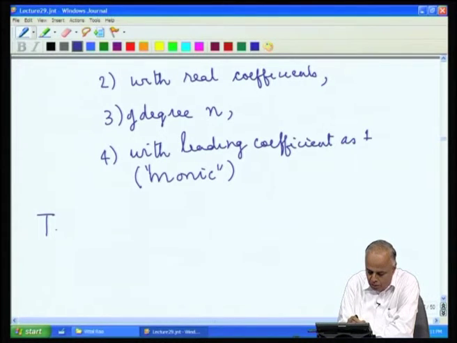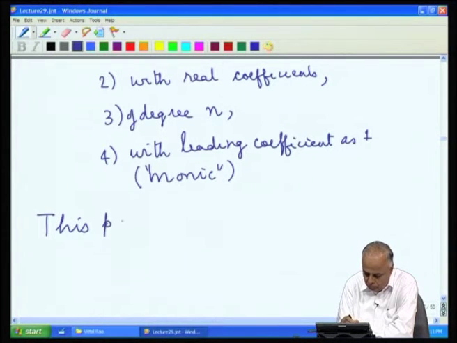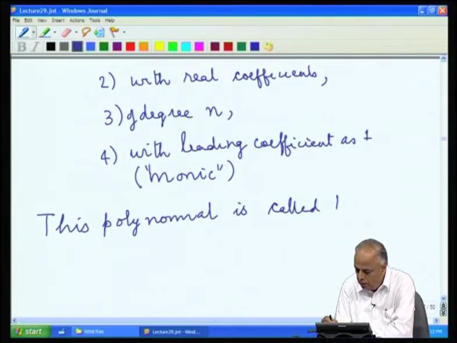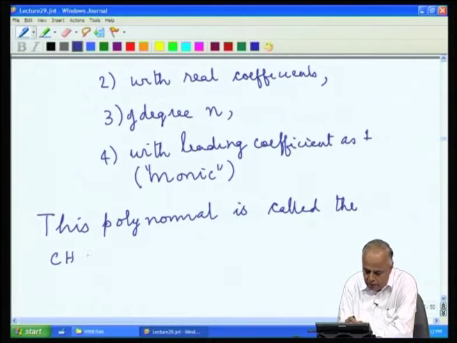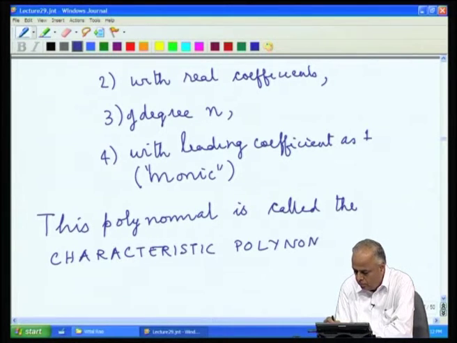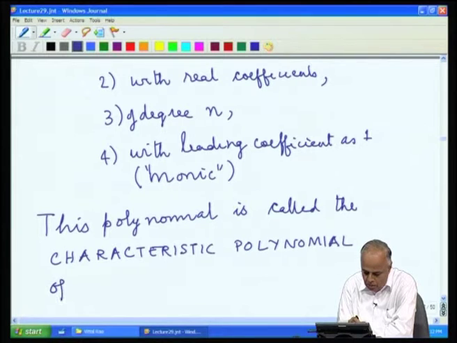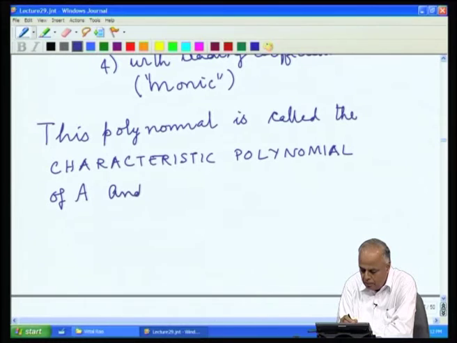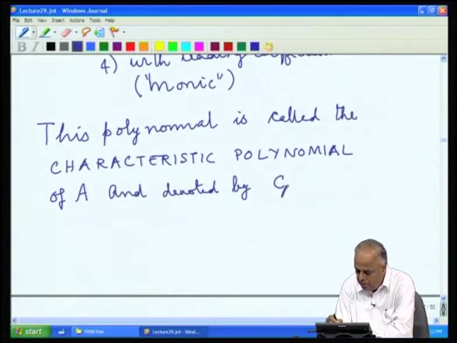So, this polynomial is called the characteristic polynomial of the matrix A, and denoted by, let us say, C A lambda.